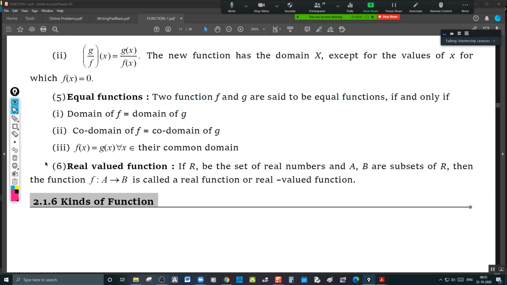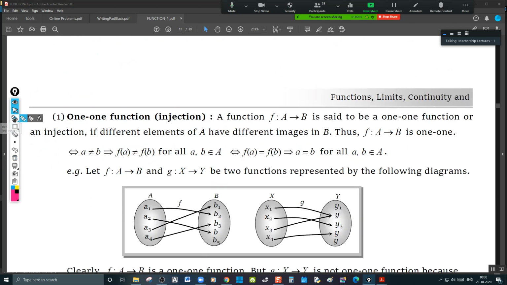Okay. Next is kinds of function. Just now I discussed one-one function, injection. In the name itself, you have the meaning of it. Different elements will have different images.